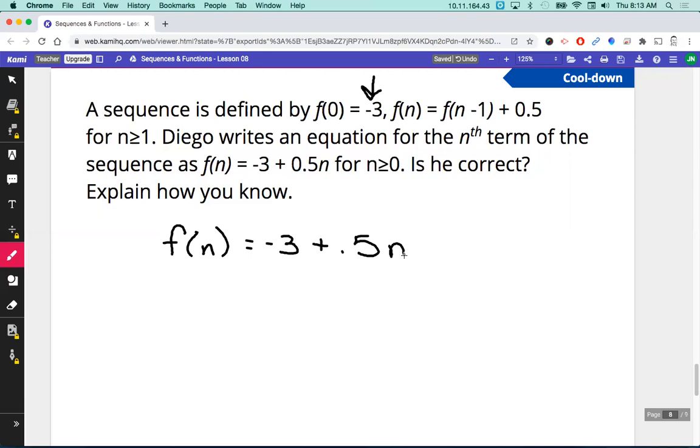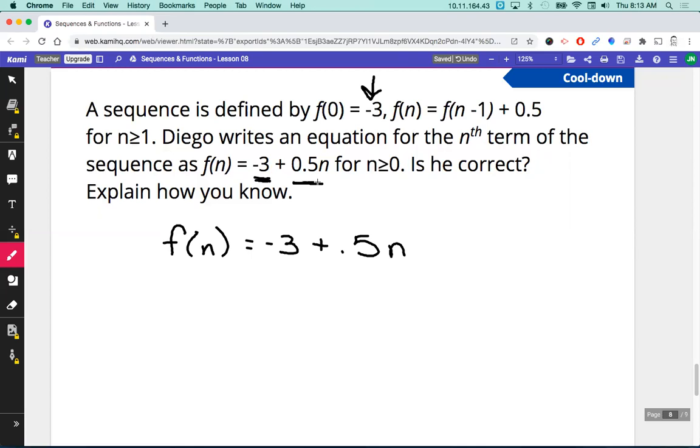He's correct because he's got the correct starting point, -3. Then he's got that consistent amount that it's being added by, 0.5 times n. So again, identify if it's arithmetic or geometric.